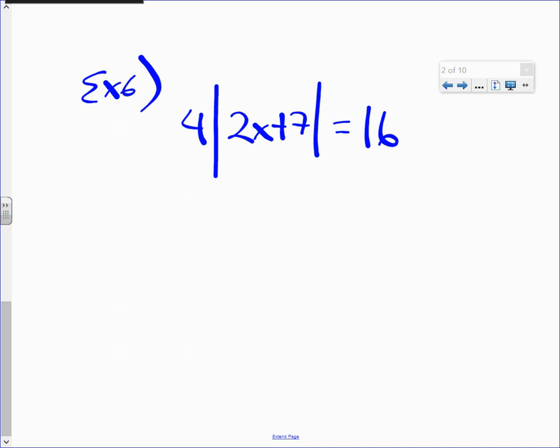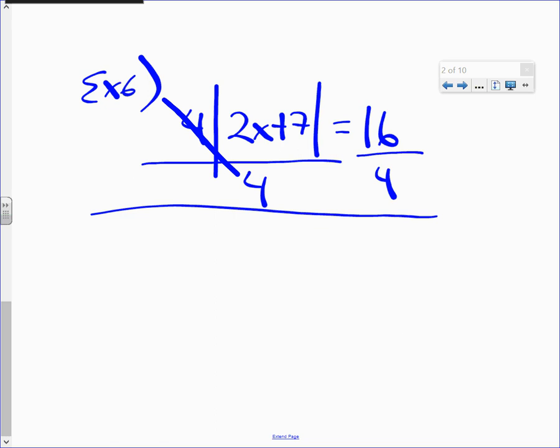What should we do to both sides to get rid of the 4? Divide. Because this is 4 times absolute value. What's the inverse of times? Divide. This is multiplication of 4 times the absolute value. So we'll divide. That's gone.